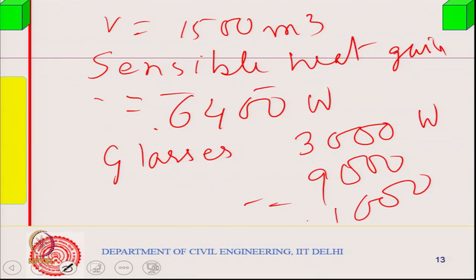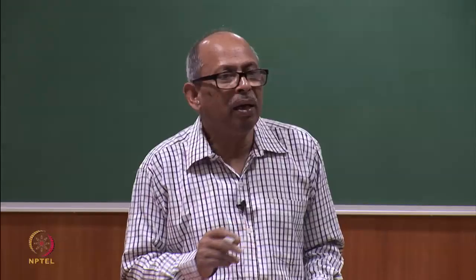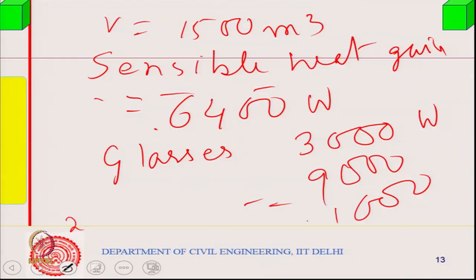Anything else, casual heat gain, if there are appliances and lighting? It is 15 watt per square meter. The floor area is 25 into 15, so that would be 25 into 15 into 15 watt per meter square for lighting.